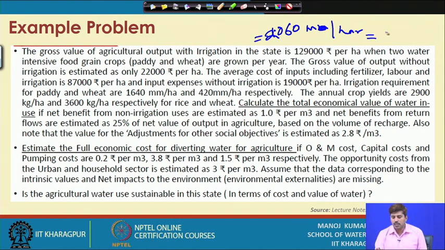So what you get is 20,600 meter cube per hectare of water being used for irrigation. Further you see that the total output is 1,29,000 at a cost of 87,000. So what is the gain with irrigation?